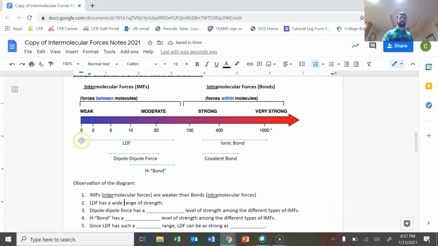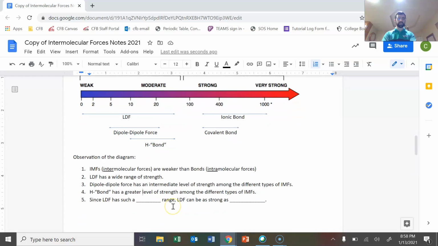So we can have very weak LDF and very strong LDF. The dipole-dipole force has an intermediate level of strength among the different types of IMF, so it's fairly strong. The H bond has a greater level of strength among the different types of IMFs.